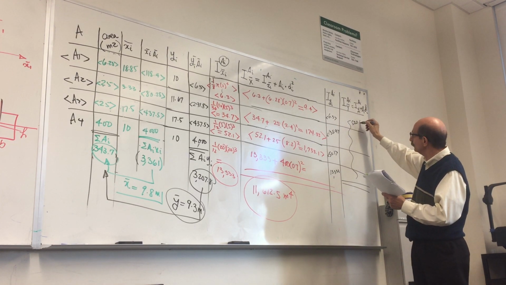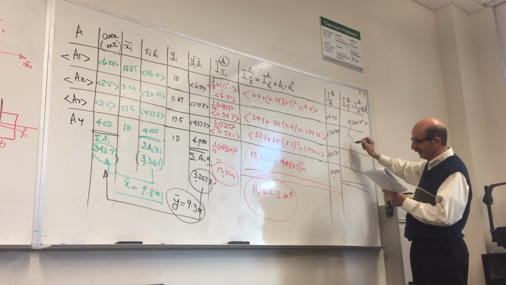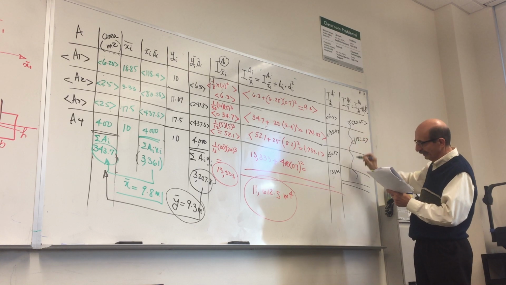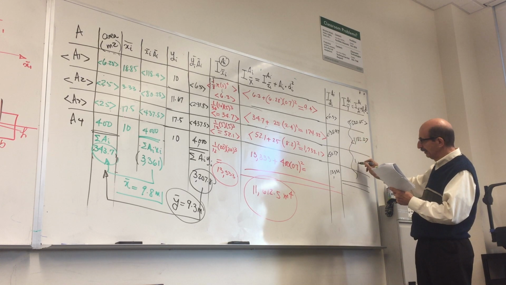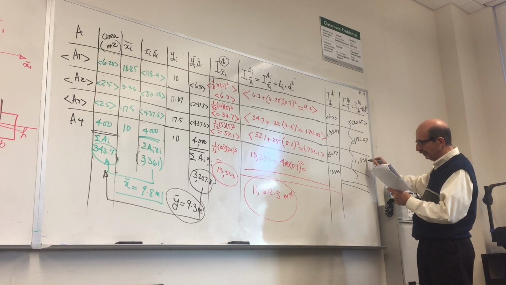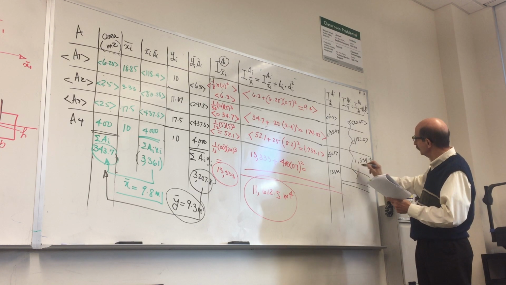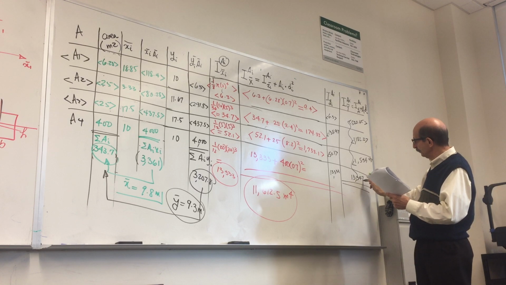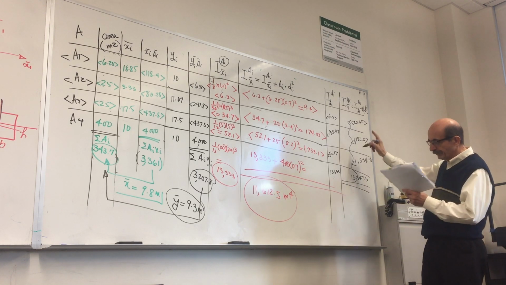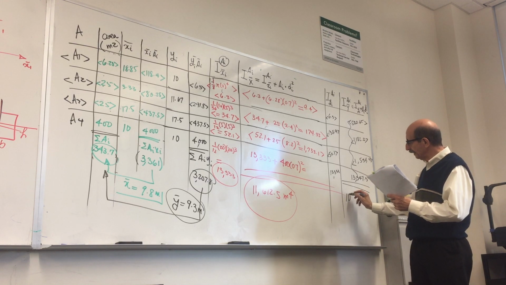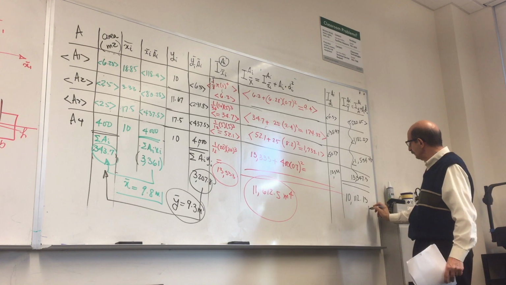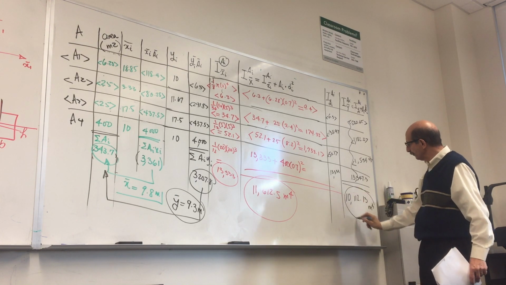520.65 negative. This is 1182.2. This will be 1534.4. This comes out to be 13,347.3. If you add these up, you get 10,112.13 meters to the fourth.